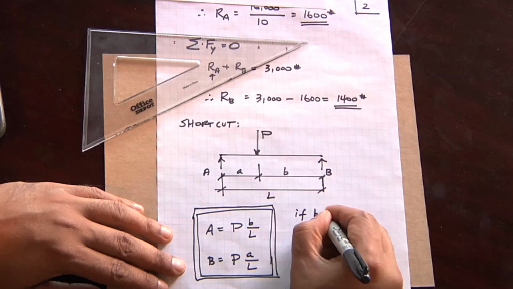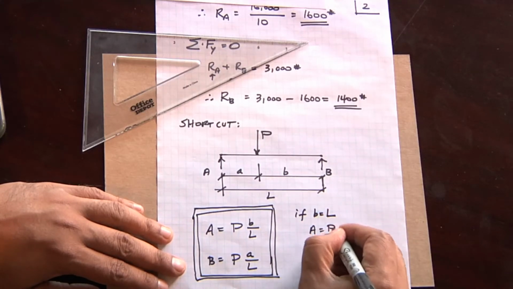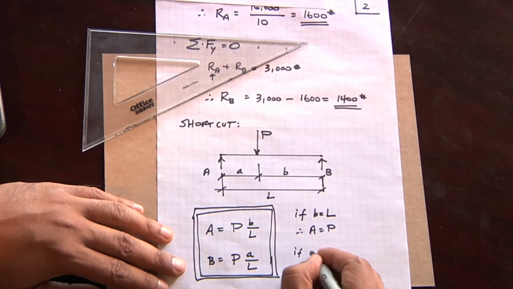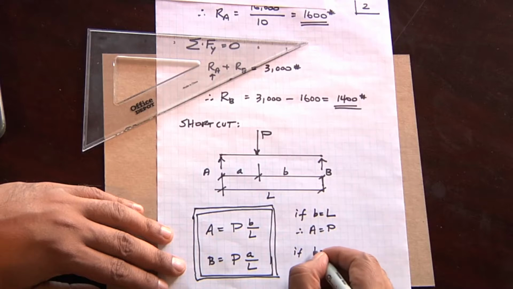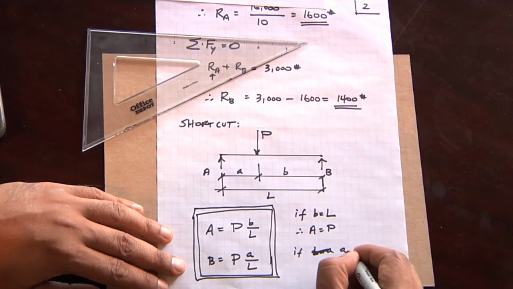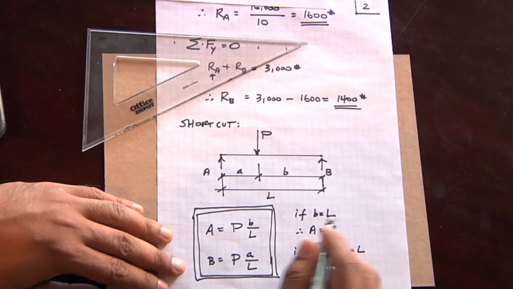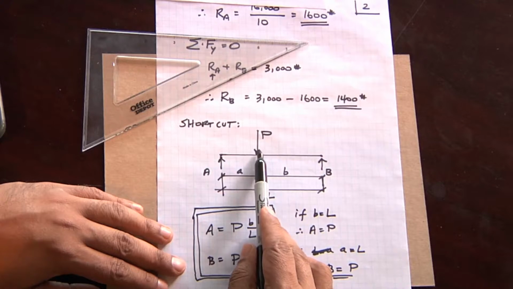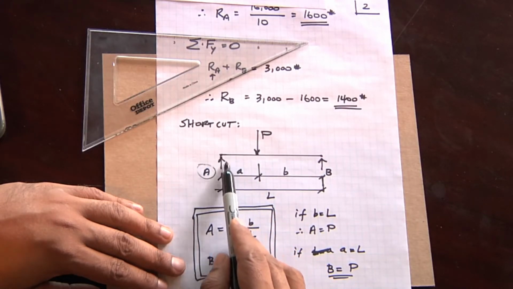For example, if B were equal to L, then A would equal P. Let's do that again. If A were to equal L, then capital B would equal P. And all it says is that as the load moves closer to one side, that reaction takes a higher proportion of the load.